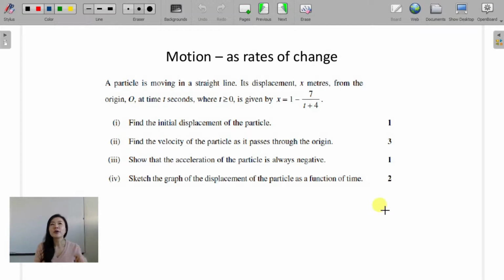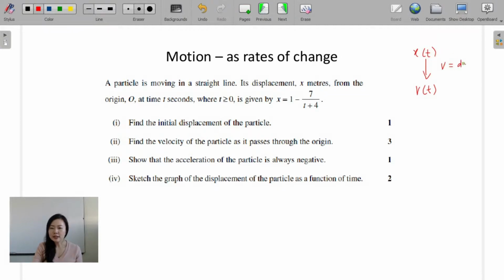A very specific application of rates of change is motion, meaning displacement, velocity, acceleration. Essentially, it's a very simple calculus relationship. I'll just very quickly mention this. If you've got displacement against time, where x is often used to represent displacement in mathematics, a little bit different to how the physics course is written, and you want to get the velocity, you differentiate.